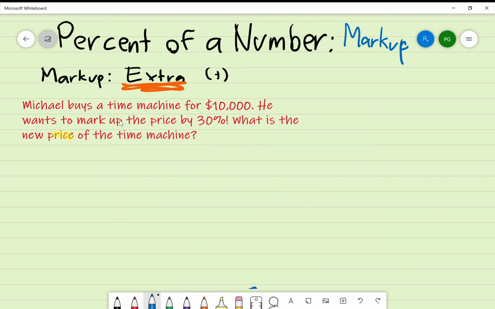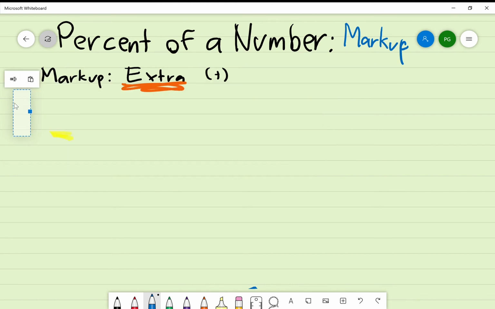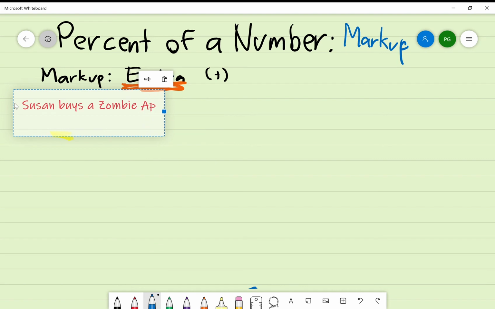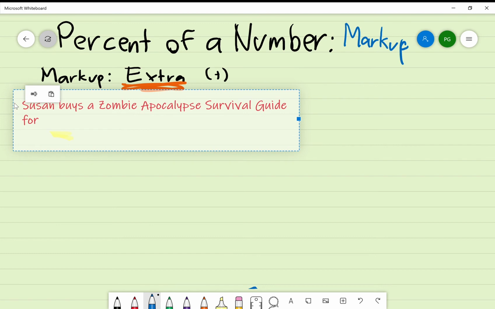So, let's say in this case, Susan buys a zombie apocalypse survival guide for $25.